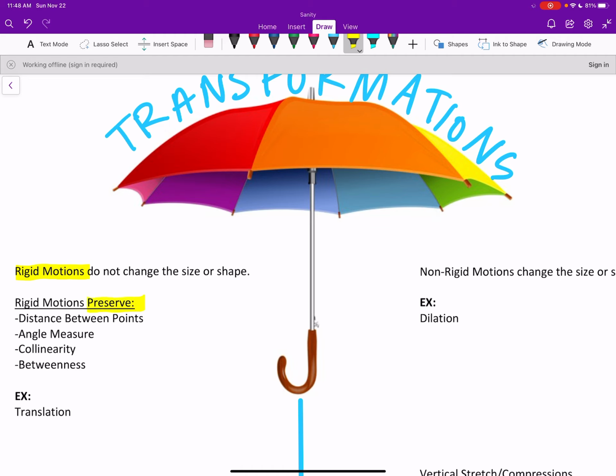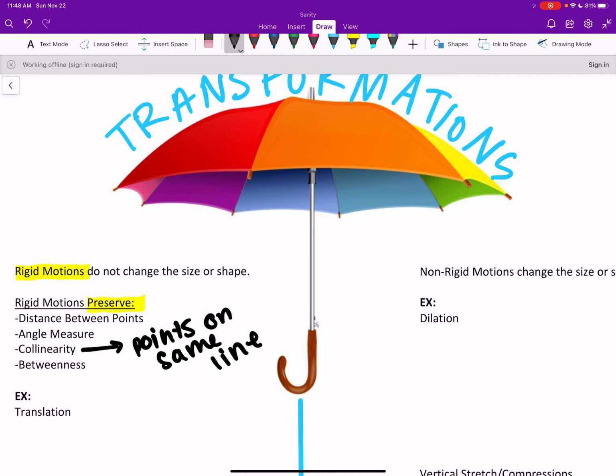They preserve the distance between points, angle measure, collinearity, which just means that points that are on the same line are still going to be on the same line. And also betweenness, which is just a word to describe that if point B was between point A and C, after you do a rigid motion, point B is still going to be between A and C.